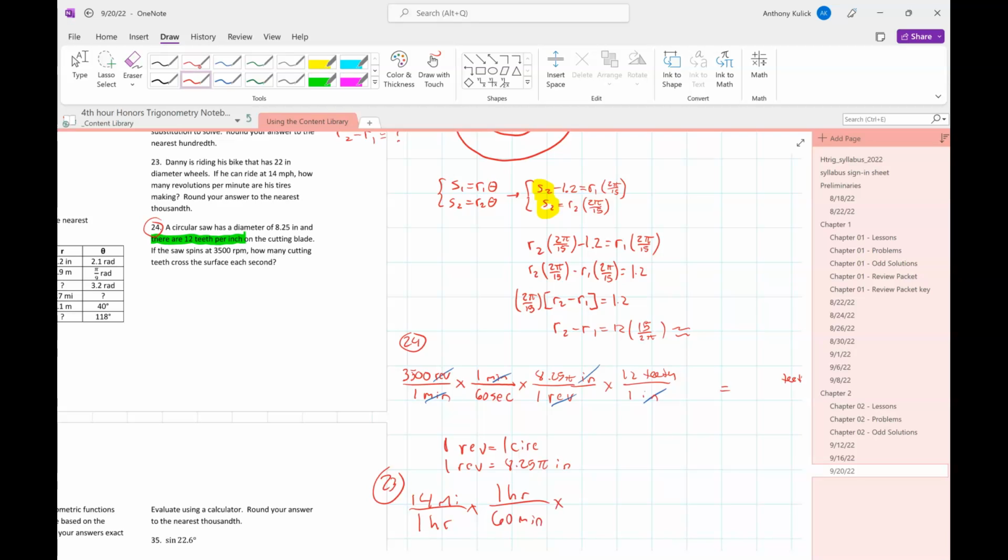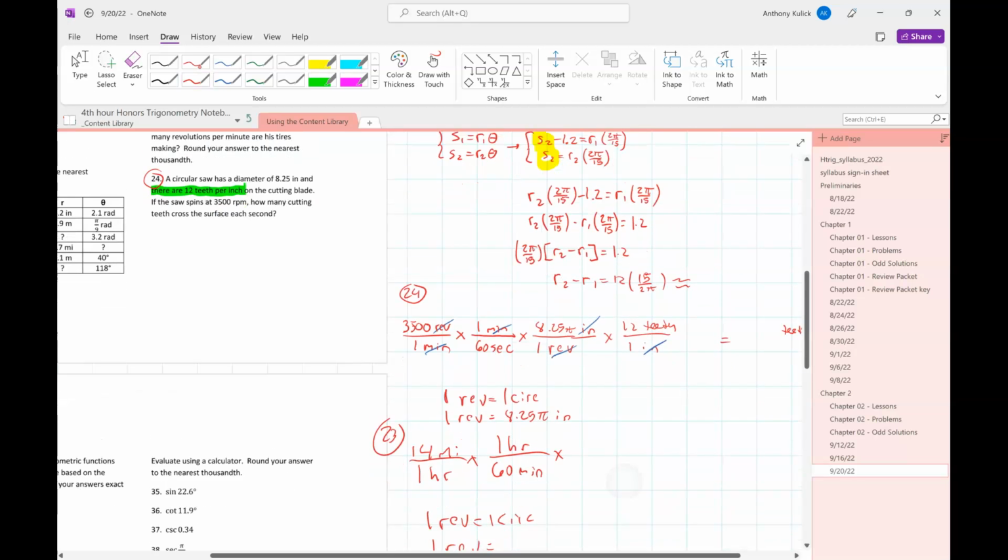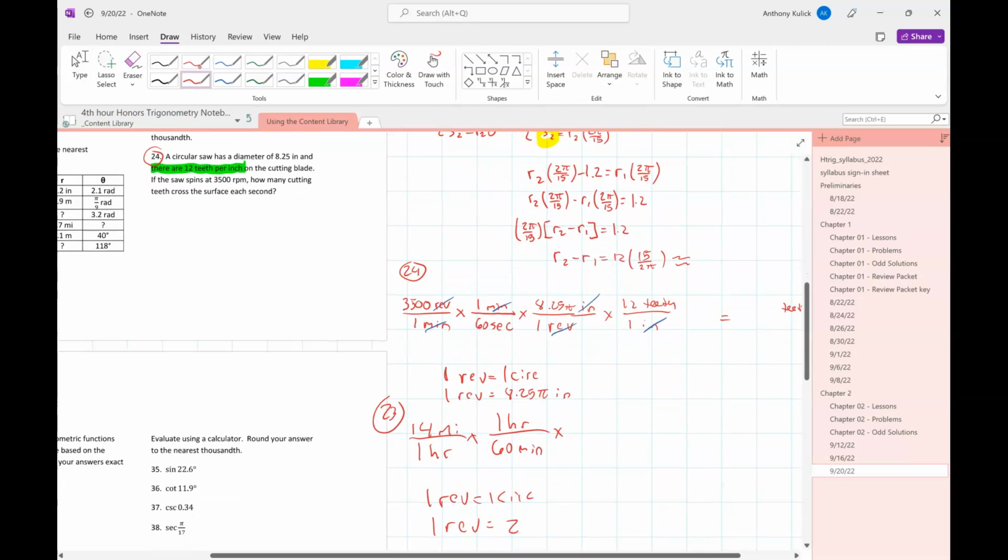And then I got to convert miles into revolutions. I remember that 1 revolution is 1 circumference. And here that circumference is going to be 22 pi inches. Oh, but my unit for distance is in miles.